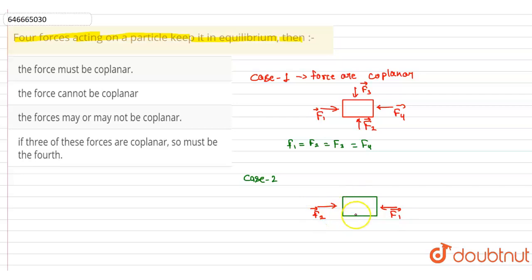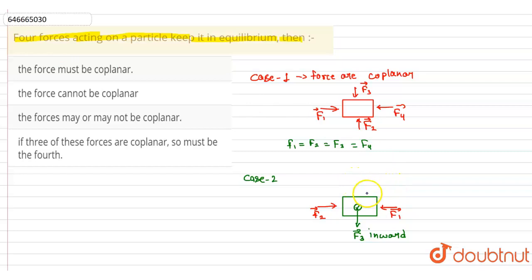Okay, and F3 is acting perpendicular to the plane of the body. Okay, so the direction is inward. So F3 direction is inward and F4 direction is outward, or we can say normal to the plane in the outward direction.